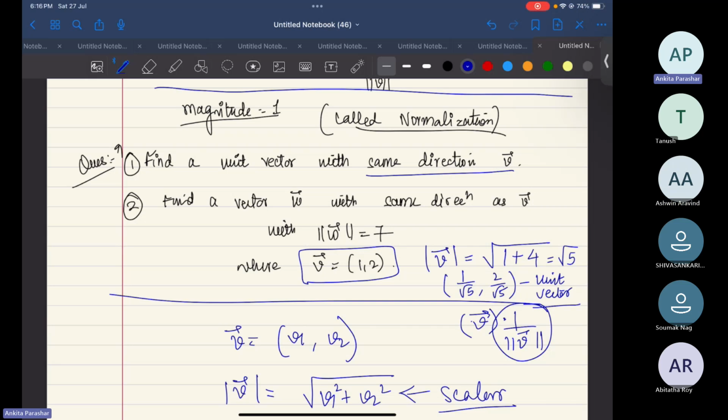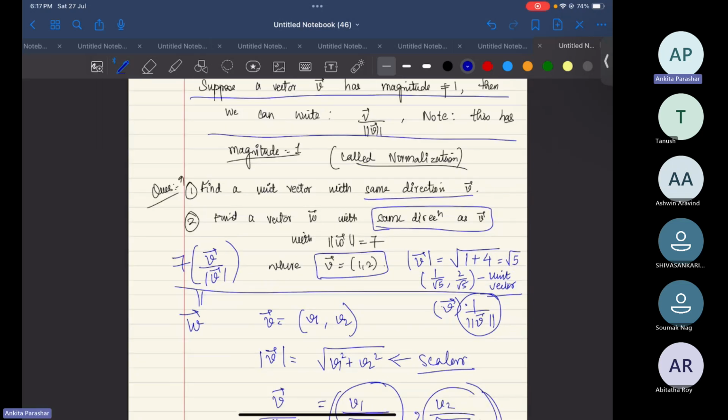We have to multiply the unit vector by 7. Right, since we just got a vector with the same direction as v and magnitude 1, if I want its magnitude to be 7, multiplying by 7 will give me that. So 7 times v by mod v is my w. And if you see its modulus, it is nothing but 7 only.